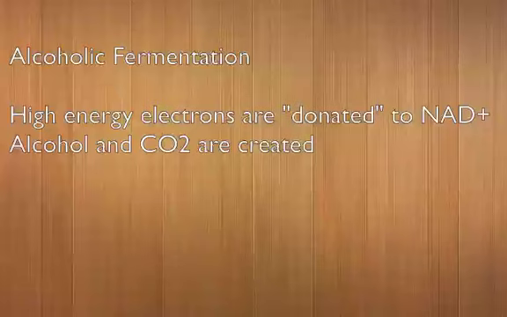The NAD+ is recycled back to make NADH again, and this process keeps continuing, and it makes ATP as it's going on. So the difference between alcoholic fermentation and lactic acid fermentation, which we'll talk about later, is that alcoholic fermentation produces CO2, where lactic acid does not.